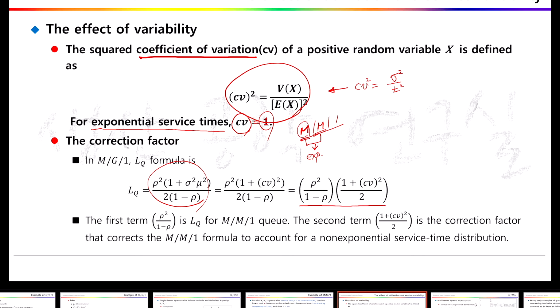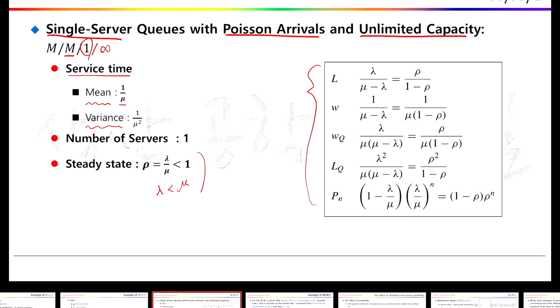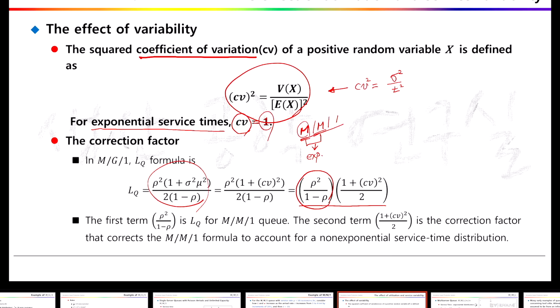The first term is equal to the LQ of MM1. And the second term only has this coefficient of variation.